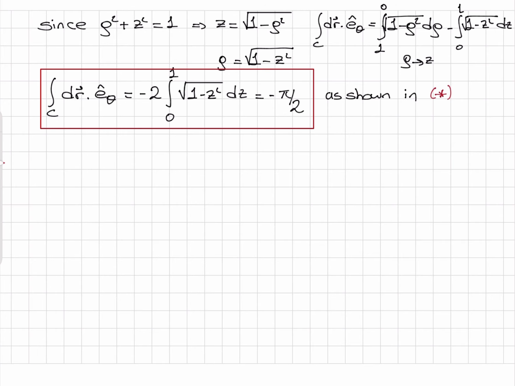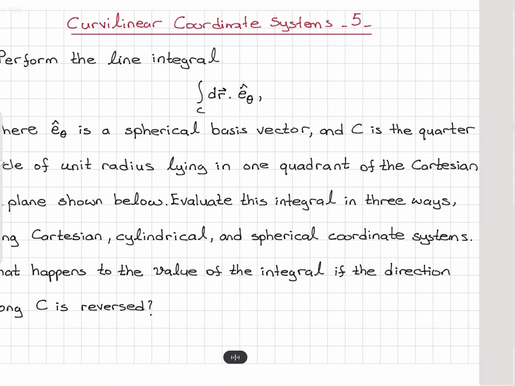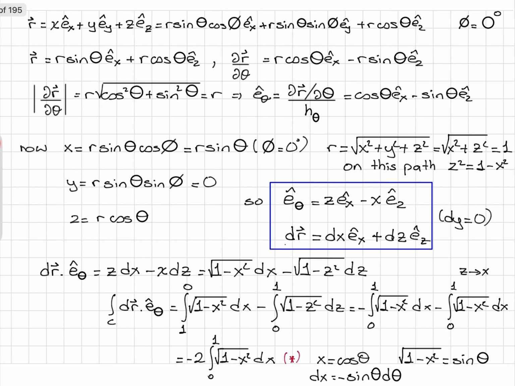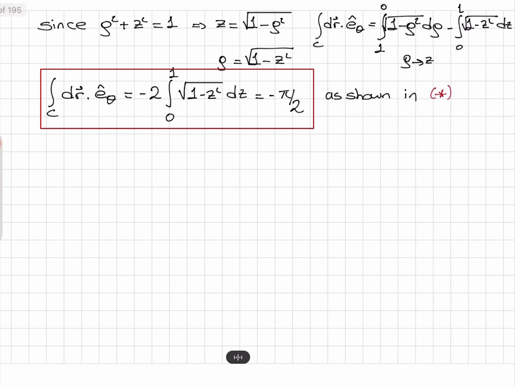And if we change the direction of the contour, what will happen? What happens to the value of the integral? We would have to change the limits of this integration, and this would give a plus sign here.